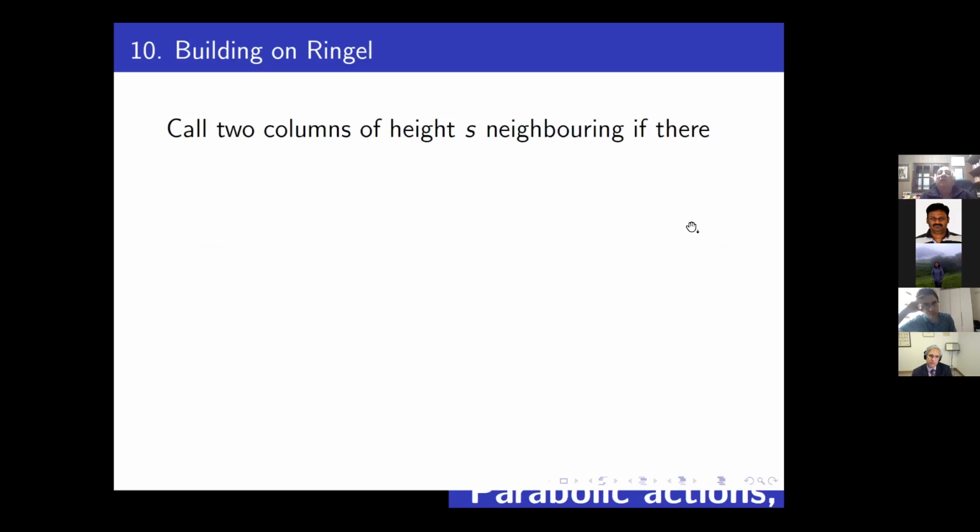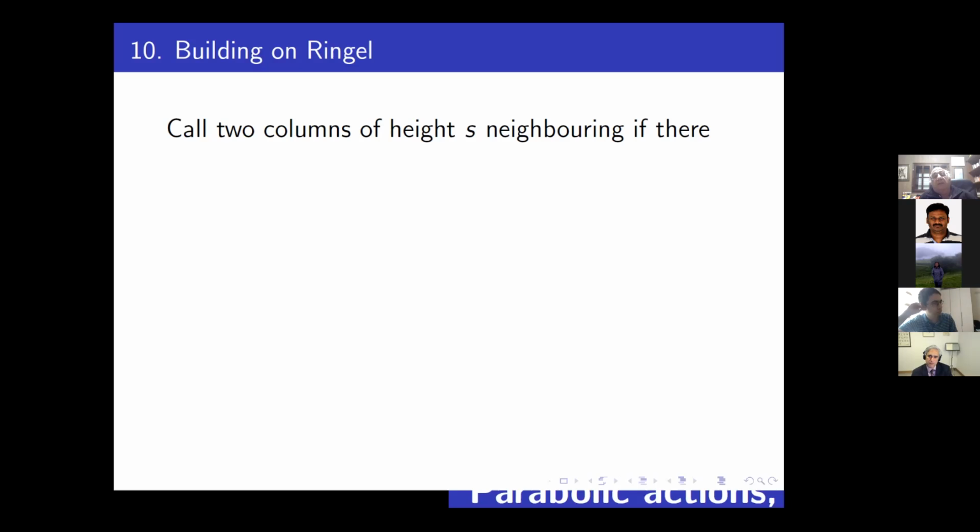So now we want to modify Ringel, because we don't just want one regular element E tilde, we want an element E which is regular in the inner component, and we want a vector space V.